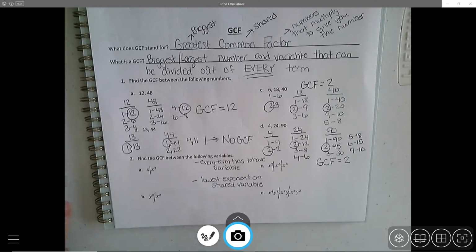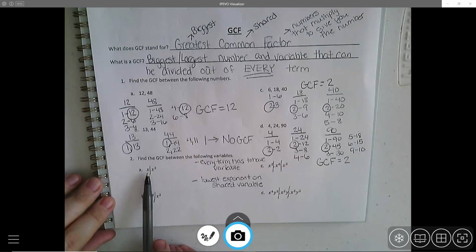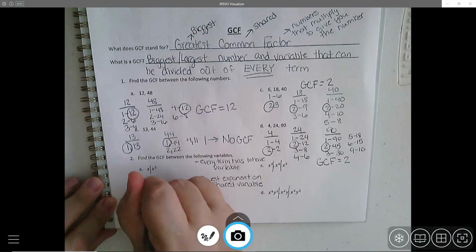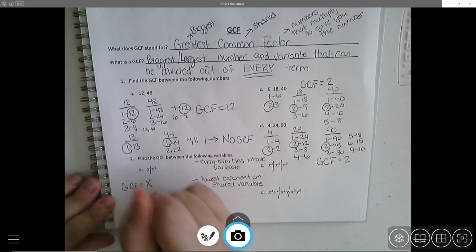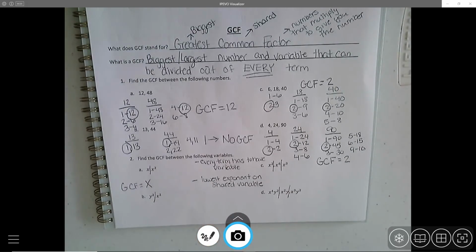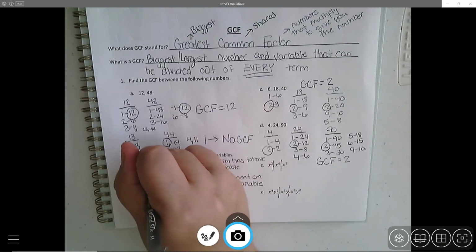So if we look here at A, my two terms are x and x squared. Both of them have an x, so I know my GCF has to include an x. Now I'm going to ask myself, what is the lowest exponent on that x out of the terms?